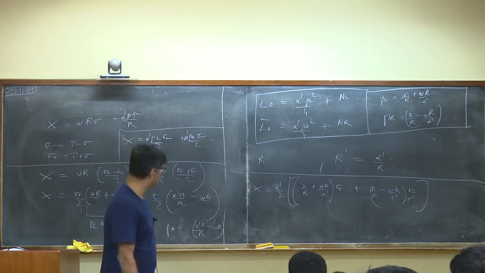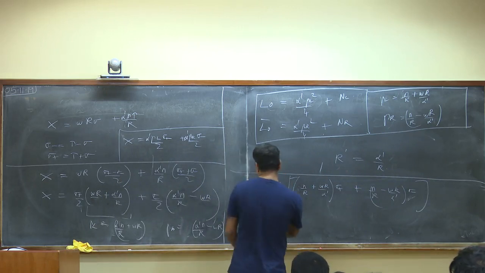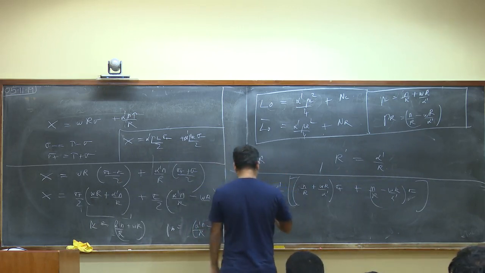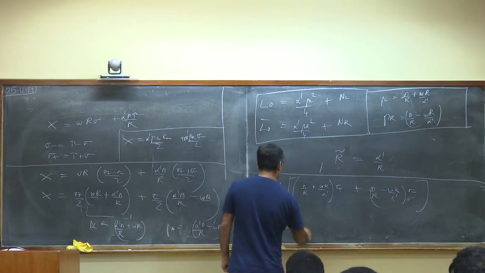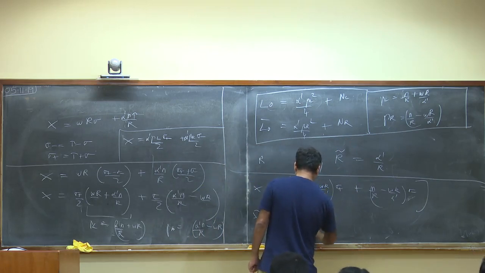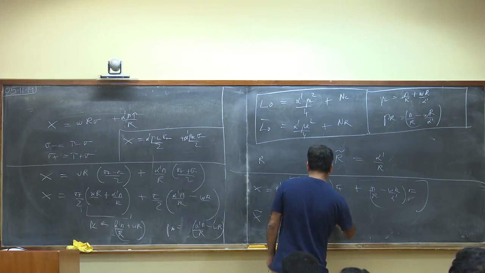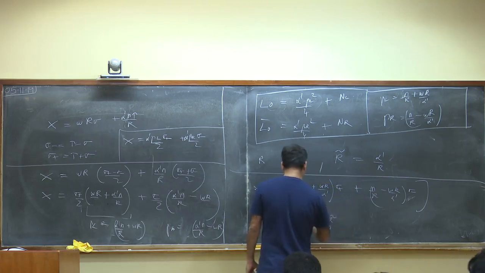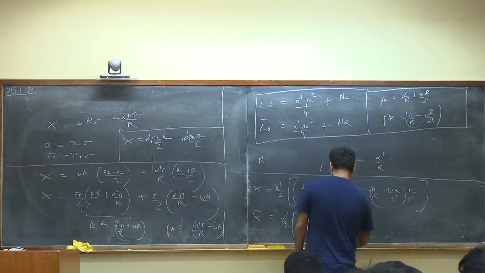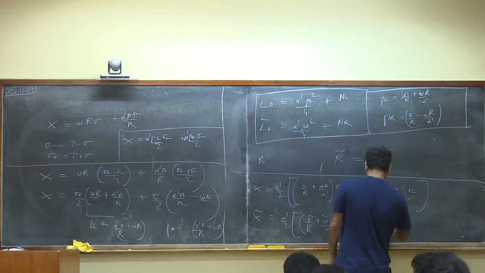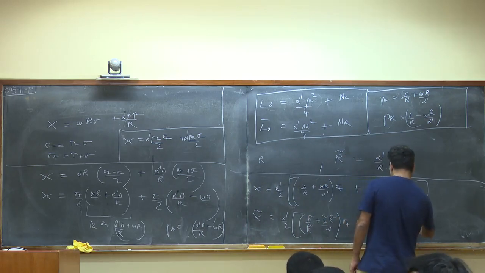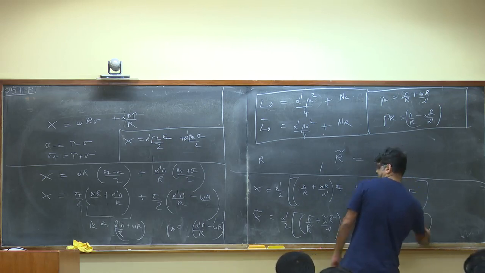In the second theory, we have X, let's call it X tilde, with radius R tilde. X tilde is equal to alpha prime by 2 into (n tilde by R tilde plus w tilde R tilde by alpha prime) sigma plus (n tilde by R tilde minus w tilde R tilde by alpha prime) sigma minus.